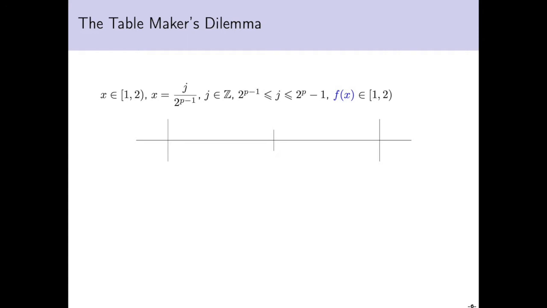Here this is the floating point number right after this one, and here this is the breakpoint, the middle of these 2 consecutive floating point numbers. So my mathematical value f(x) is exactly here.